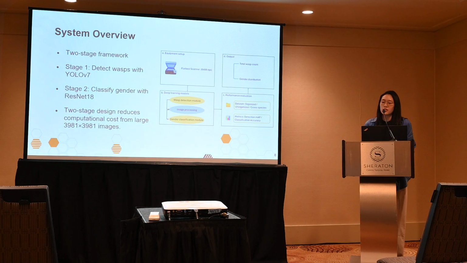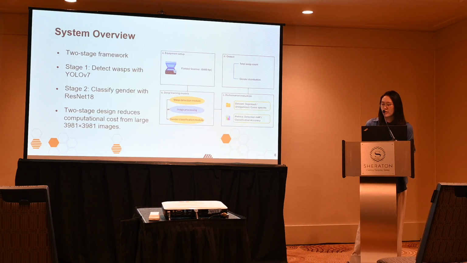So how do we actually automate the whole process? My system follows a two-stage pipeline. In the first stage, we use YOLOv7 to detect the wasps in the high-resolution scan images. Then in the second stage, we classify the gender of each detected wasp using ResNet-18.